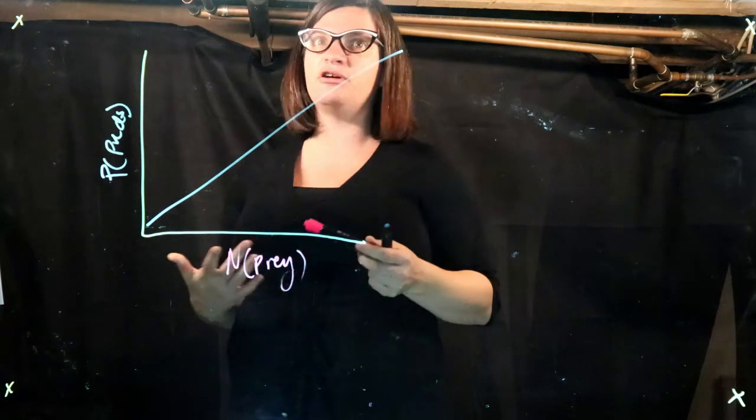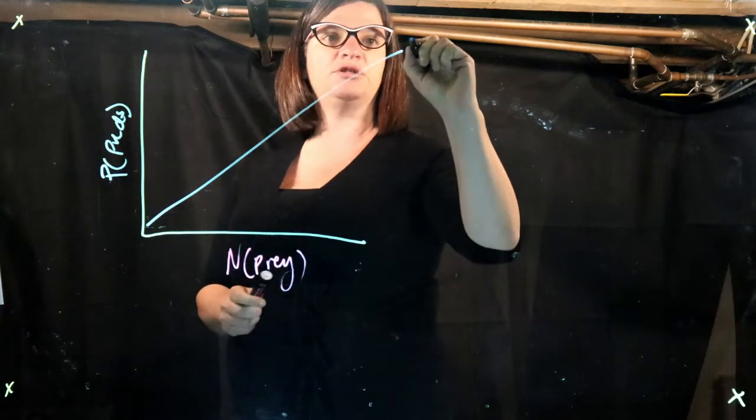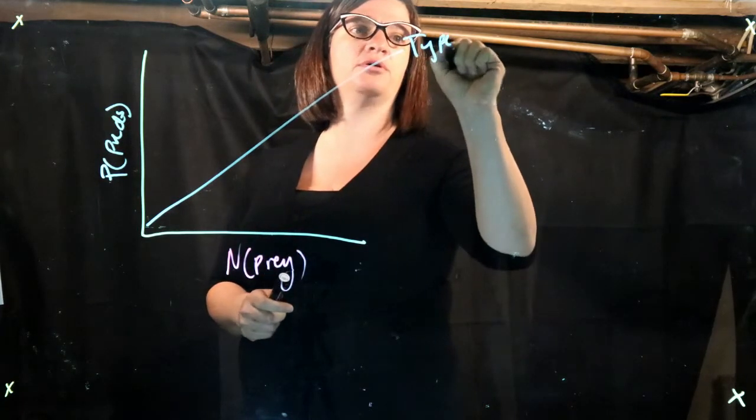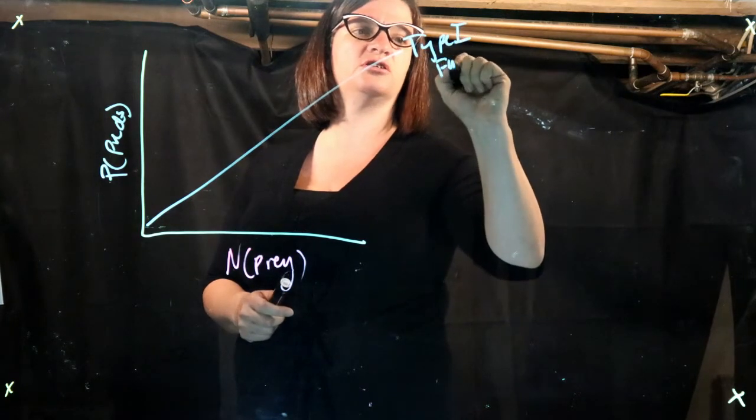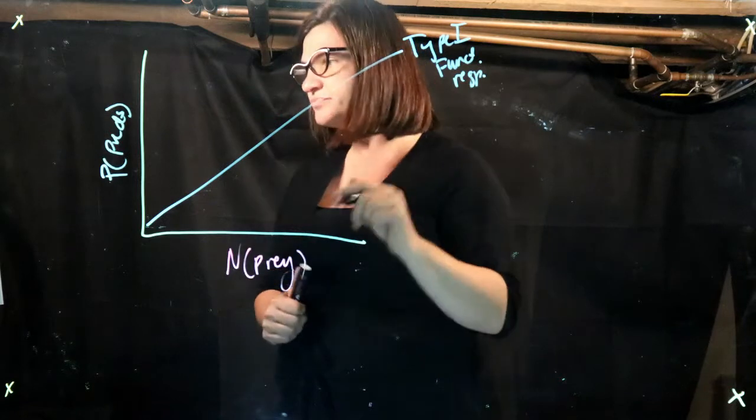A more accurate way to model this response is what's called a type 2 response. This is a type 1 functional response curve for the predators.